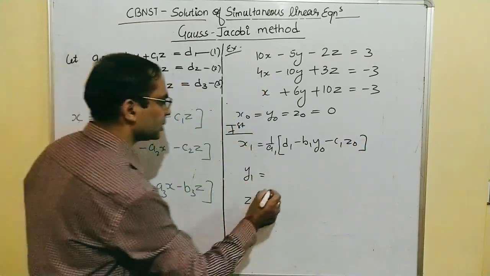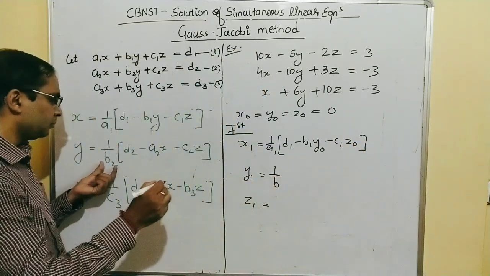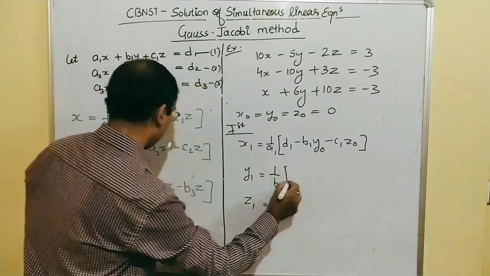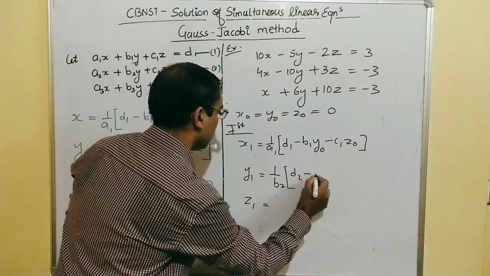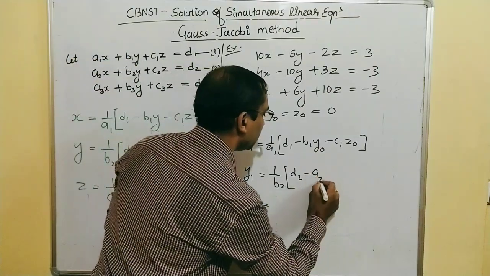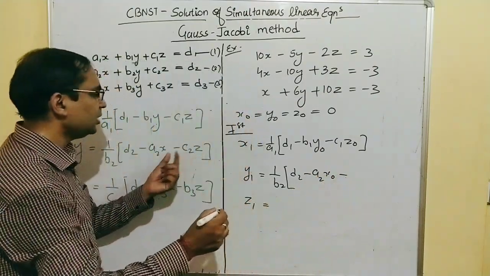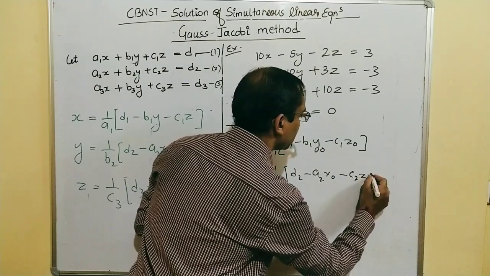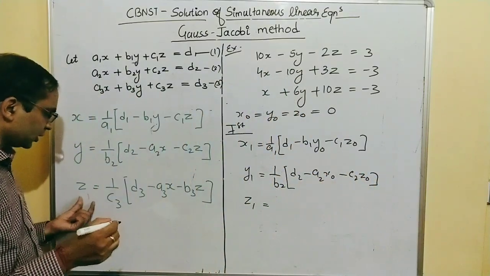What will be y1? This is 1 upon b2, d2 minus a2 x0 minus c2 z0. In the third equation, what is the value of z1?